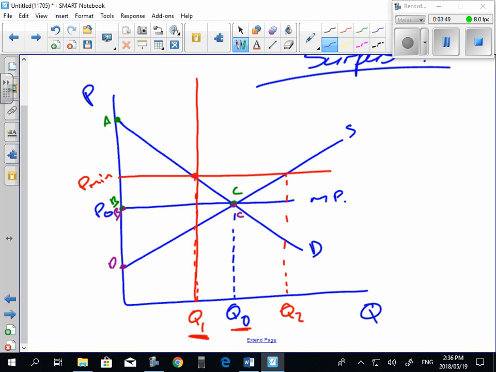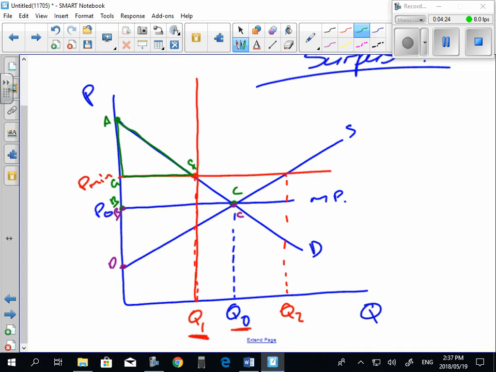Let's start with the consumer surplus. Consumer surplus was originally ABC. Now with the price increase, consumer surplus has been eroded to A, G, F. So what's happened to consumer surplus? It has decreased.